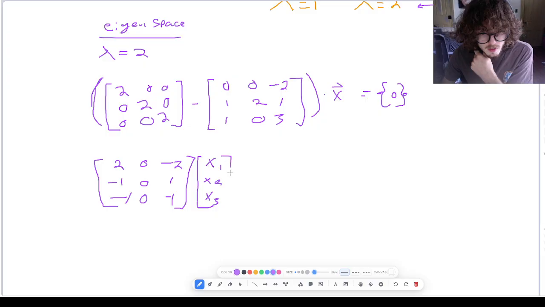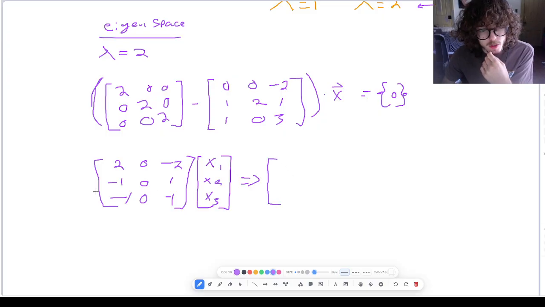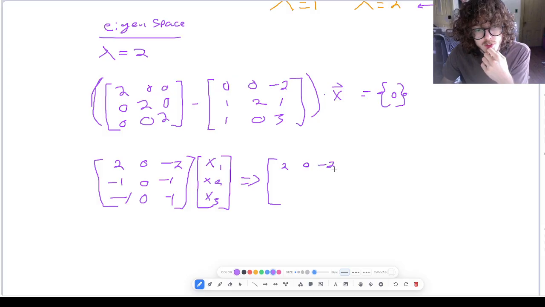And I'll just put it out in full form just so you guys can see. This is going to equal 0, of course, but I'm just going to simplify. Remember, we can do row reductions here, which makes it quite simple. Yeah, sorry, this is negative here. Notice these are the same, so one of them will cancel. 2, 0, negative 2, negative 1, 0, negative 1, 0, 0, 0.